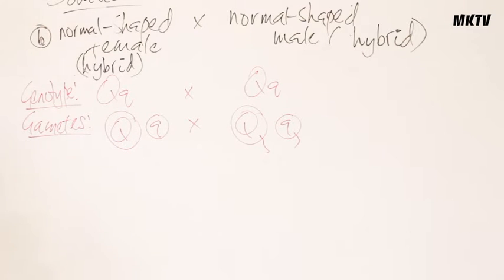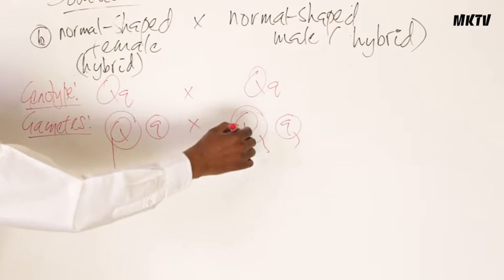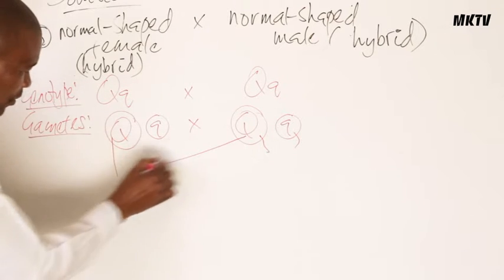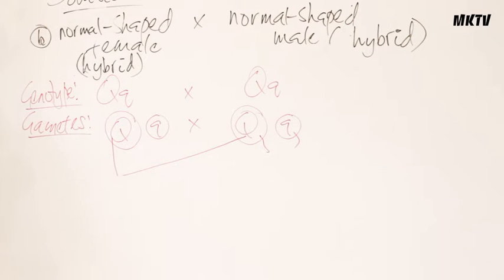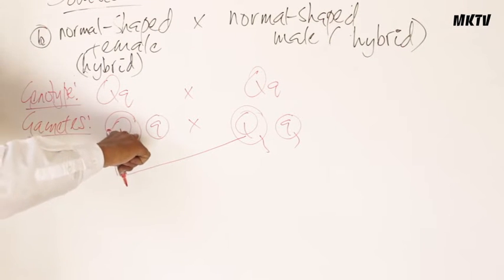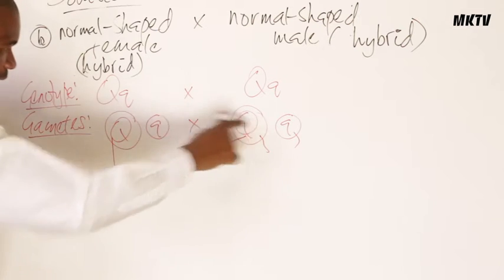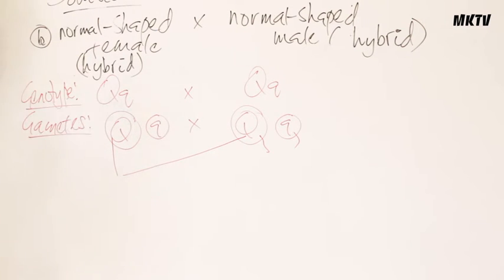Then if this comes across this one, why do we have them? Remember, we have to have an N condition so that when we add one N and one N, we shall have our 2N. Remember that.